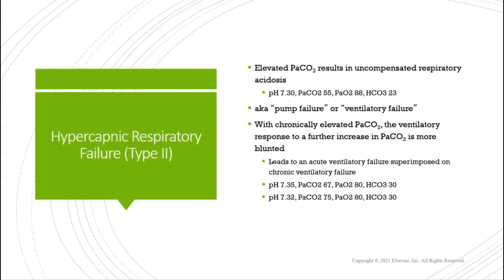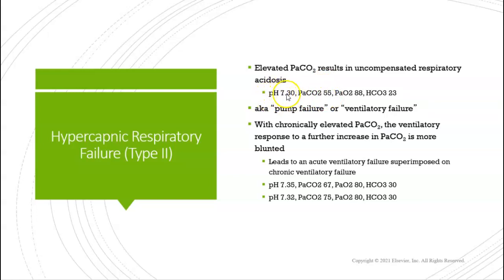So, hypercapnic ventilatory failure or respiratory failure is when you have the presence of elevated CO2, or carbon dioxide, which is creating uncompensated respiratory acidosis. Here's an example of what one of those ABGs would look like. This is just a refresher about ABGs from last semester.